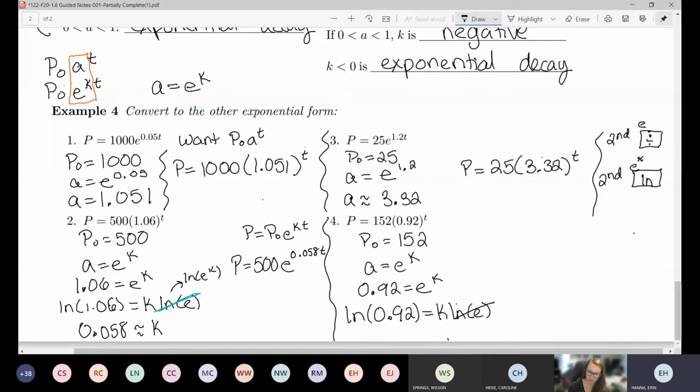Ask your calculator what the natural log of 0.92 is, and your calculator will tell you that it is negative 0.083. So the equation that we want would be P naught of 152, e to the k value we just found, t.